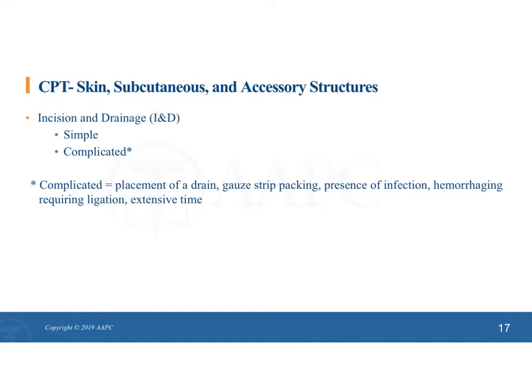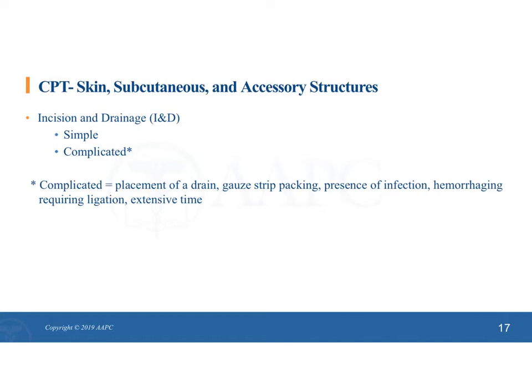Looking at the codes for incision and drainage, the first code is 10040 and describes acne surgery. The skin over the lesion is removed, the lesion is opened, and the fluid is drained. Codes 10060 and 10061 are for reporting the incision and drainage of an abscess, simple or complicated.